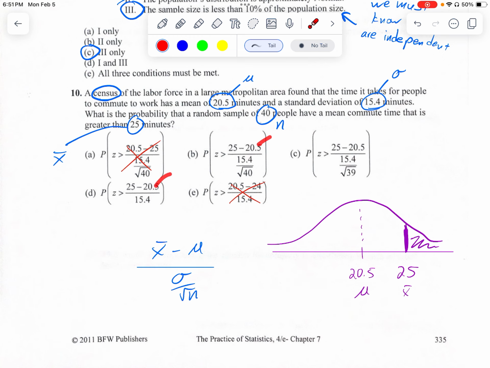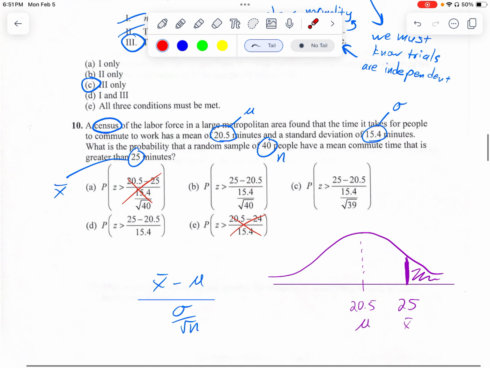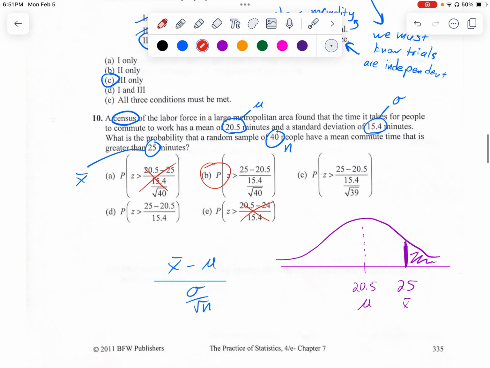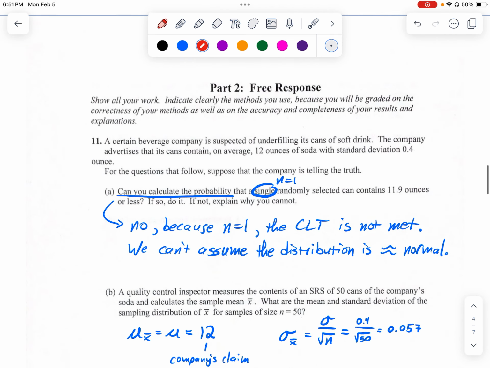So this one and this one and this one all have the correct numerator. Which one has the correct denominator? And this is the formula on your cheat sheet. So that one is sample size of 40. That's this one right here. So the answer is B. Okay, there you go. That is the multiple choice. Moving on.